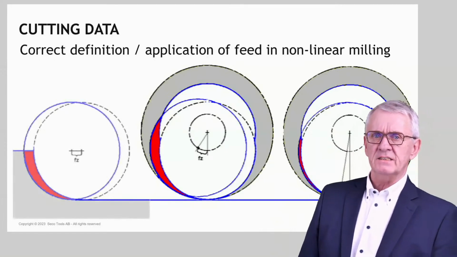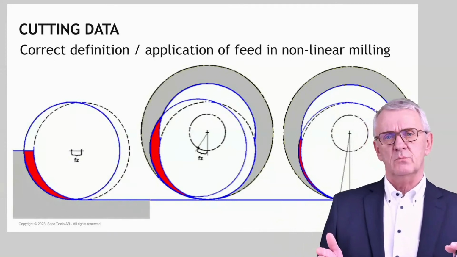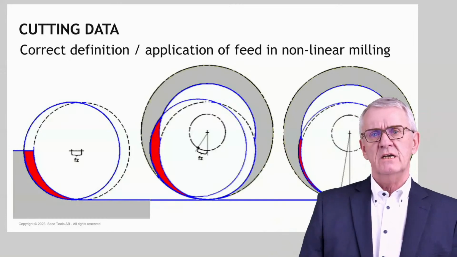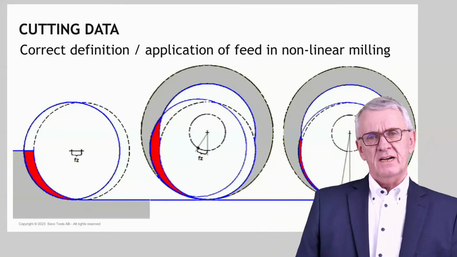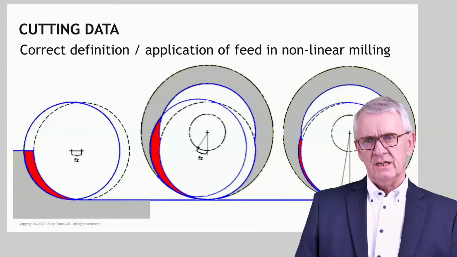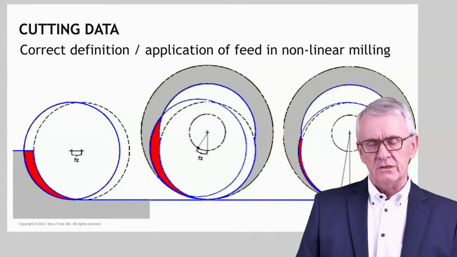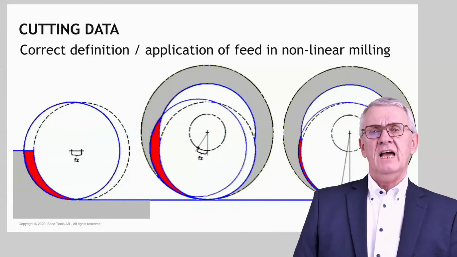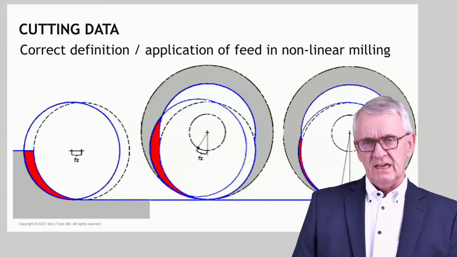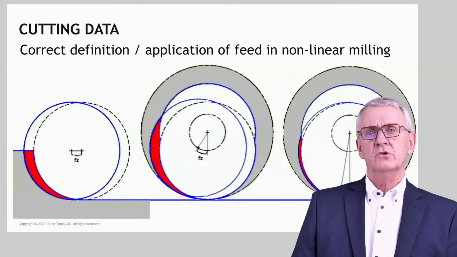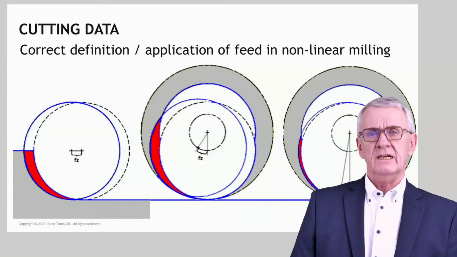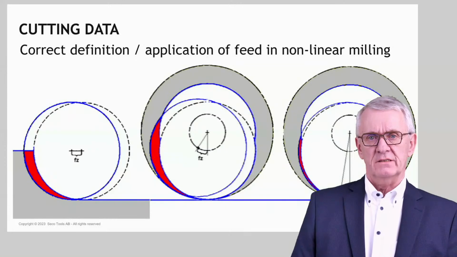Feed is defined, and let's go back to linear milling, the easiest way, as the movement we have to give to the center line, and I emphasize center line, of a milling cutter, so that every tooth of a milling cutter cuts correctly, in a balanced manner.